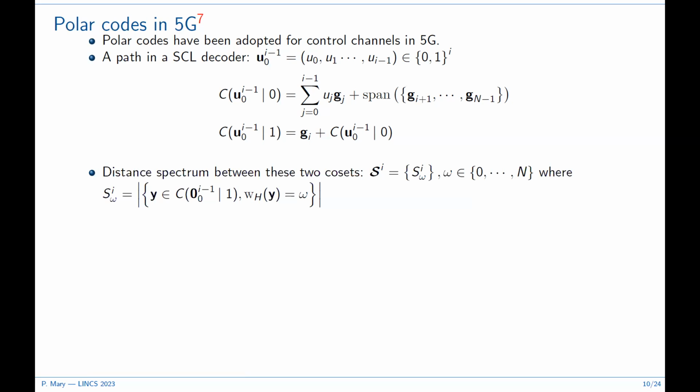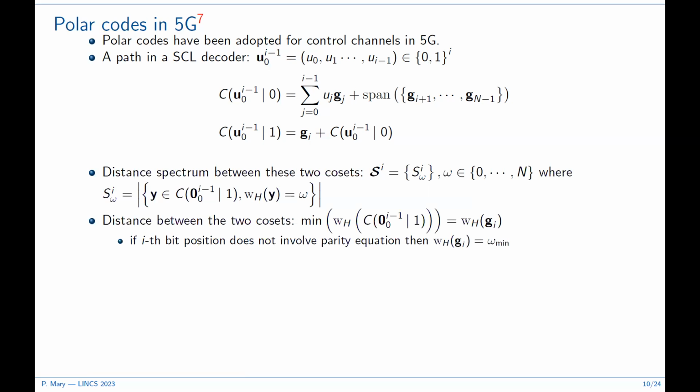This distance spectrum is the number of codewords whose Hamming weight is equal to w, corresponding to all 0 decoded bits in the path except the i-th one, which is 1. And if the bit position does not involve a parity equation, then this minimum Hamming weight is the Hamming weight of the i-th row of the rows of the information set.